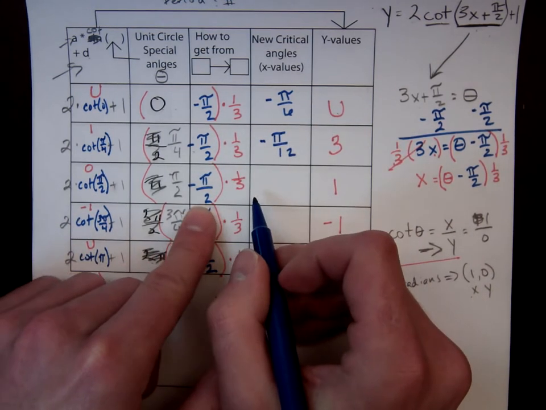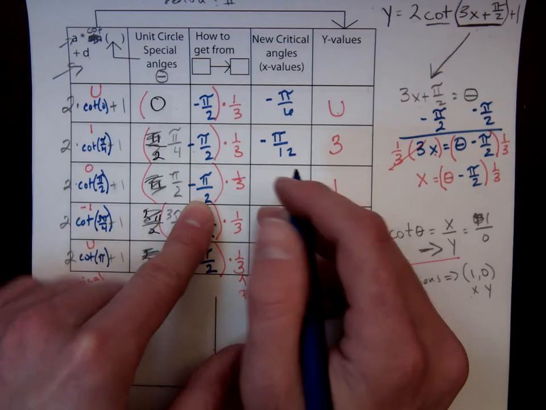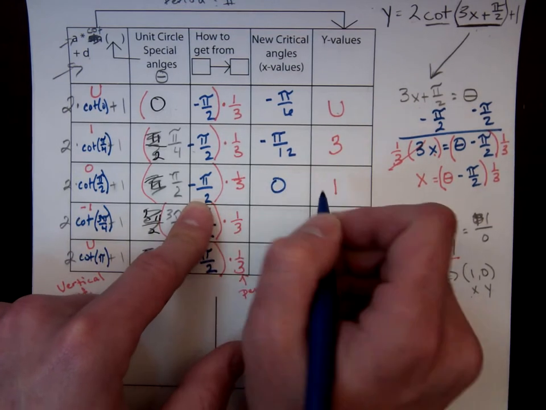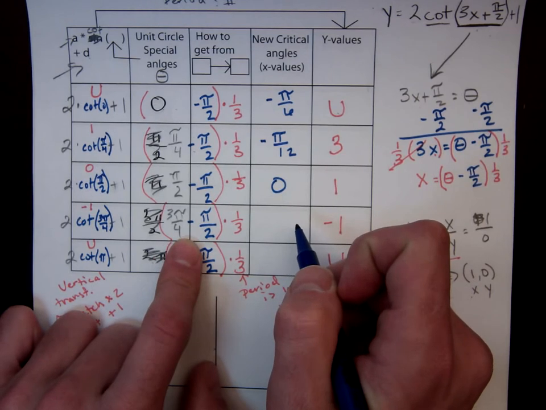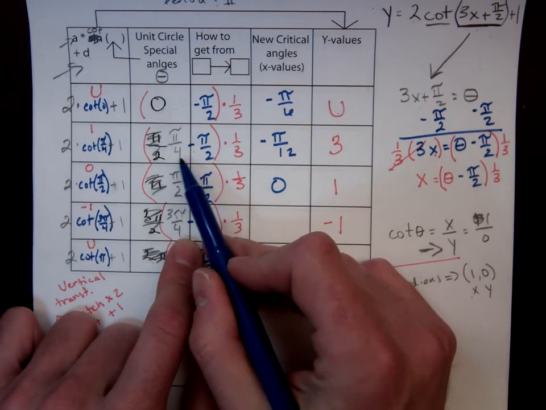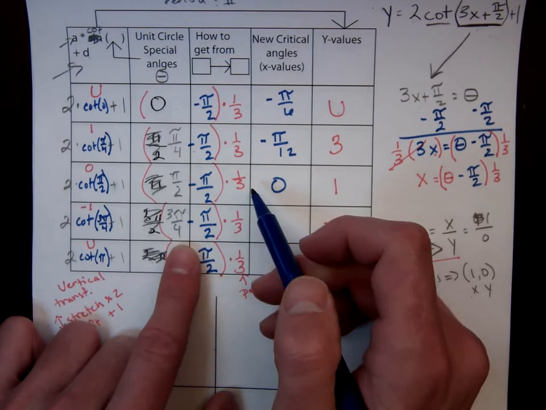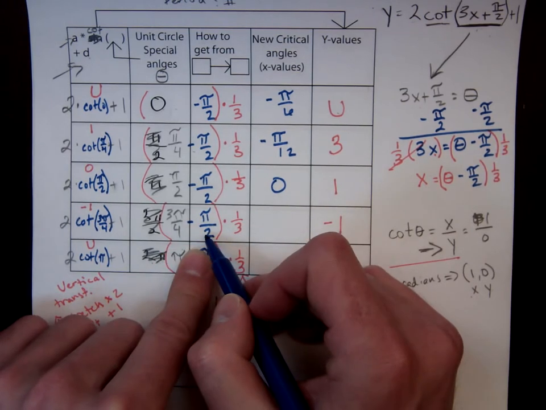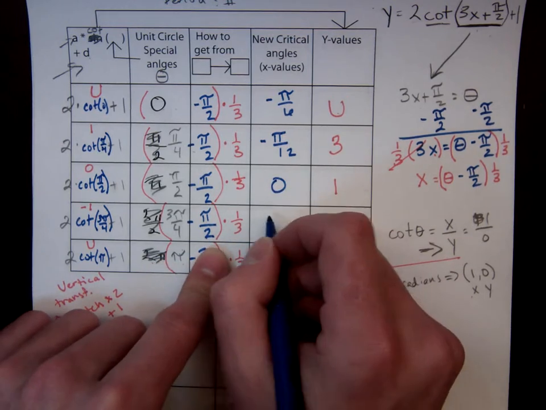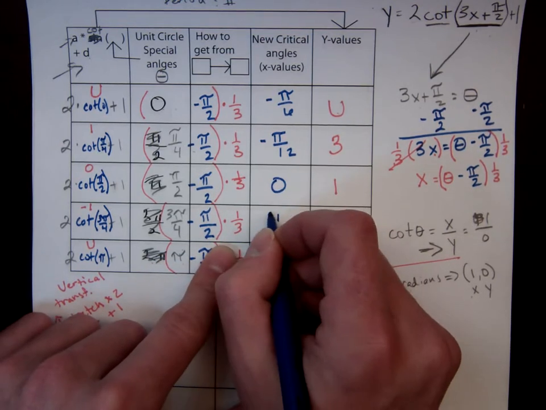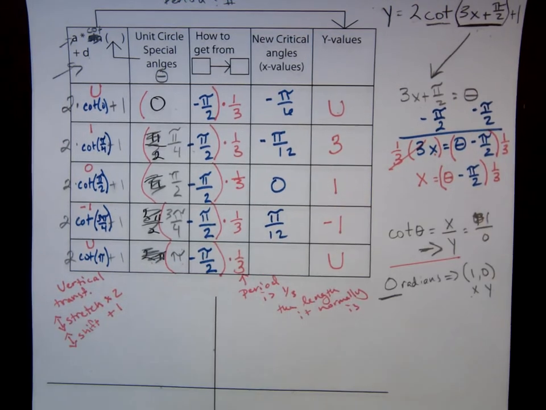Now here I'm just going to have 0 times 1/3, which is just 0. Then here we have 3 pi over 4 minus pi over 2. So 3/4 of pi minus the half pi is just going to give us pi over 4, times 1/3, which is going to be pi over 12.